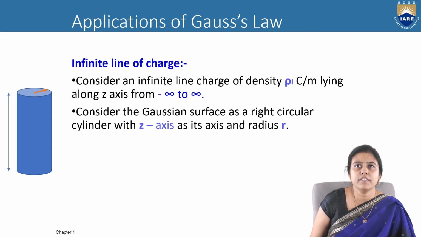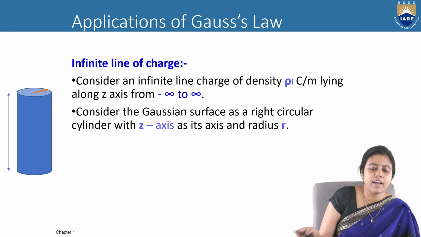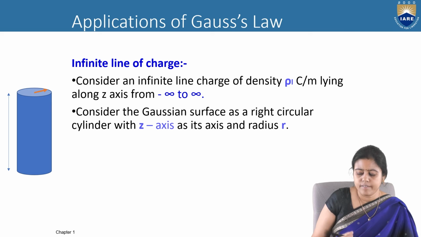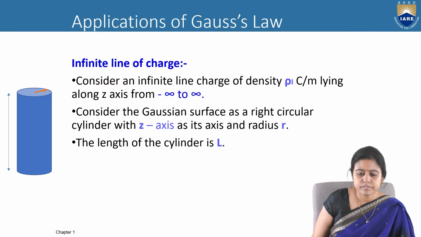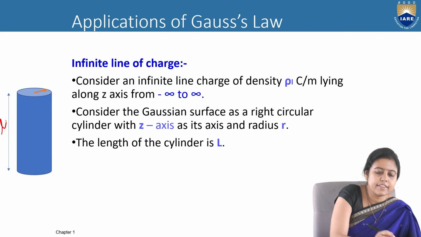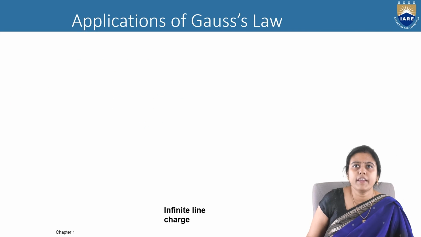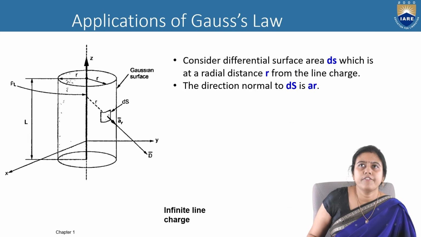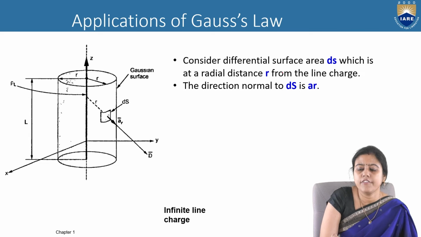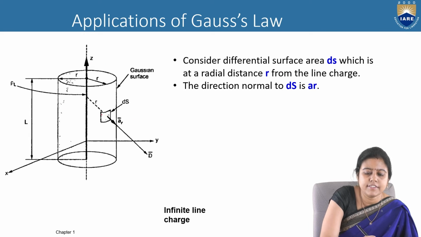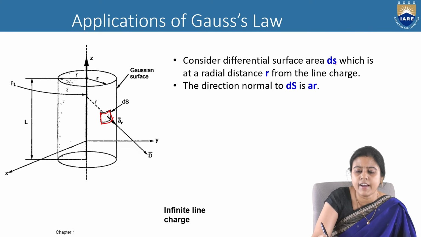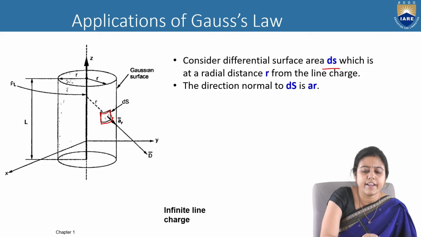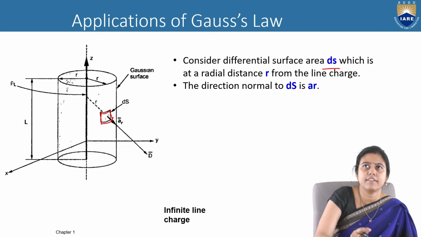Consider the radius is r and the total length is L. Consider the differential surface area ds, and the radial distance from the center is r.